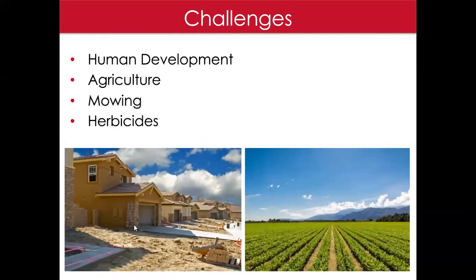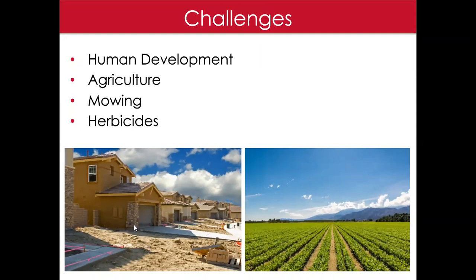Some different challenges that are affecting our pollinators are, number one, human development. I've got a picture here on the left showing some houses being built. Chances are where these houses are now, there was probably a natural environment with trees and shrubs and all types of things like that.